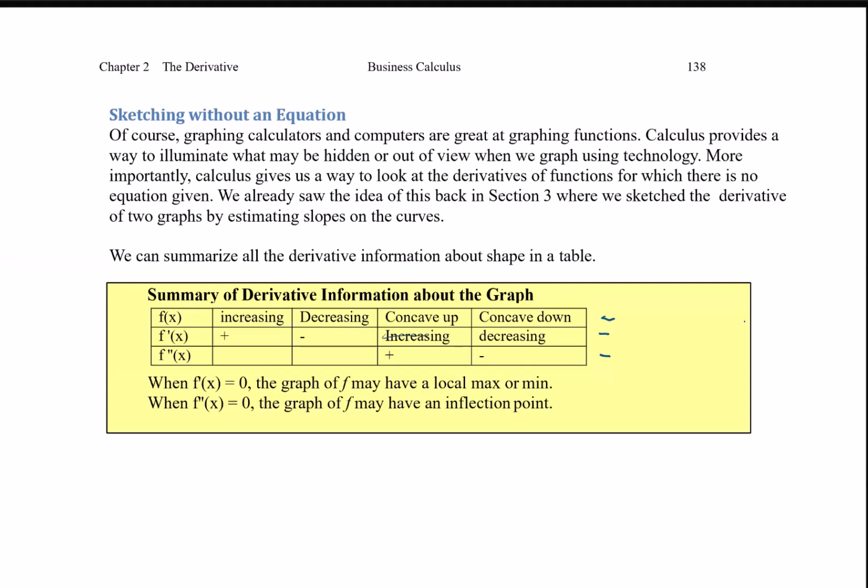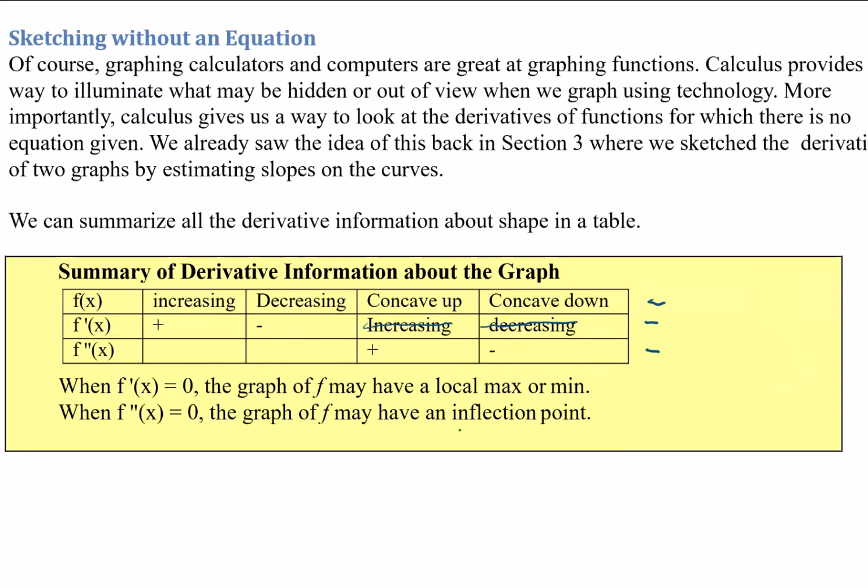I don't think I agree with this, because you can't really get anything about concavity from f prime of x. But from f double prime of x, you can get that if it's positive, it's concave up, and if it's negative, it's concave down. When f prime of x equals 0, the graph may have a local max or min, which would be my critical point or points.